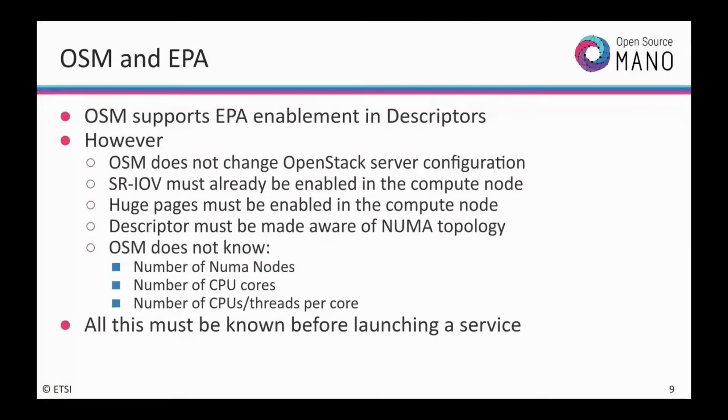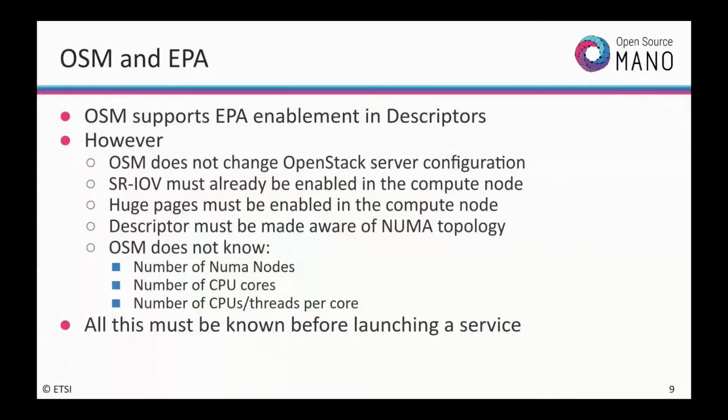SRIOV has to be enabled by somebody on the compute node. Same thing with huge pages. So the OpenStack configuration needs to be done and needs to be given to OSM. You, as the author of the descriptor, need to know this NUMA topology that you're deploying on.